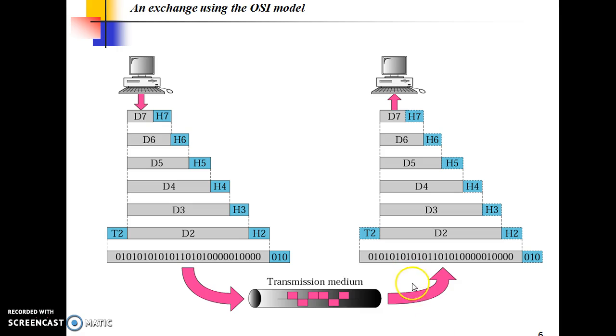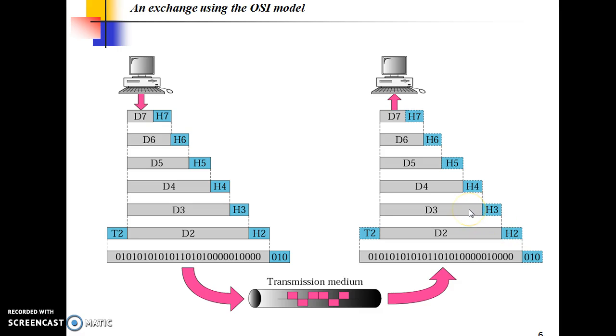Then data will reach the physical layer of the destination side, and then it has to flow to the application layer at the destination side. Whenever the data is passed from the data link layer to the network layer, the trailer as well as the header will be removed.